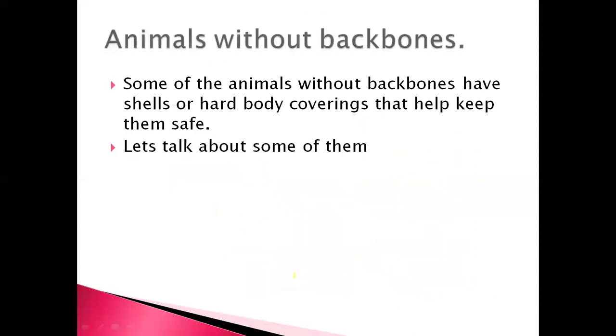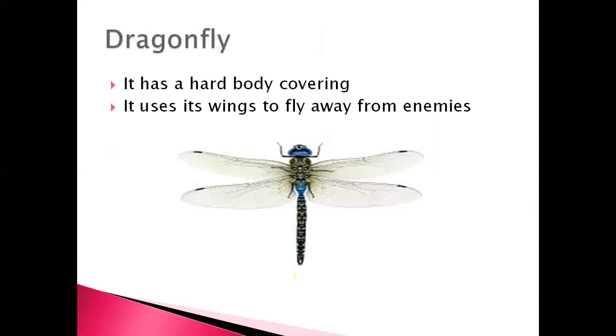Now, some of them have shells or hard body coverings that help keep them safe. Let's talk about some of the animals that are without backbones. First, look at this dragonfly. Look at the picture. This is a nice dragonfly, okay?